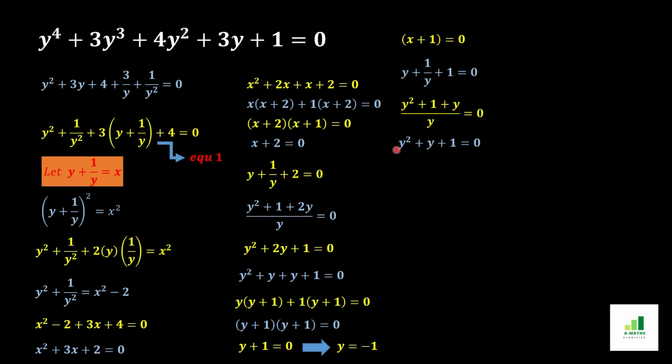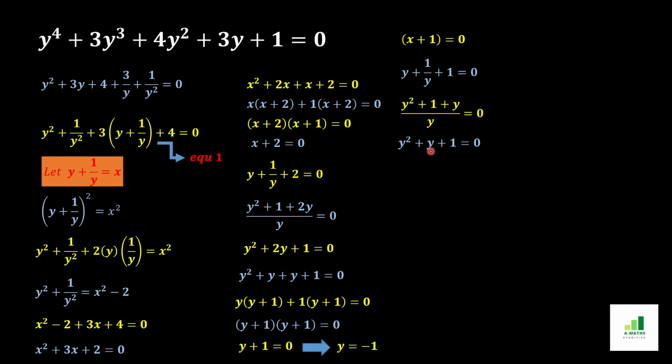You can see that this equation is a quadratic equation but it is not a factorizable equation. So for this purpose we will use the quadratic formula. Before applying the quadratic formula, first we will compare this quadratic equation with the standard quadratic equation, which is ax square plus bx plus c equal to 0.